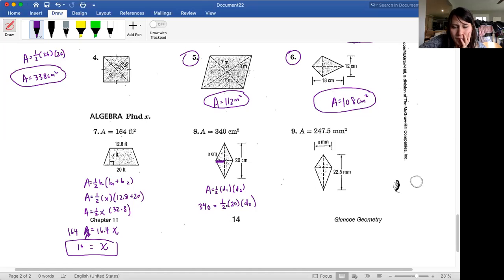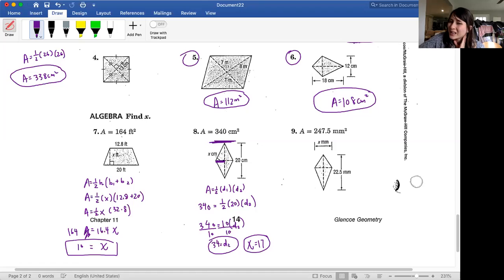We can combine these two: 1/2 times 20 is 10, times diagonal 2. Then we divide by 10 on both sides to get d by itself, and 34 equals diagonal 2. That's the whole entire length here, but half of that would be x. So 34 divided by 2 is 17, and x is 17.